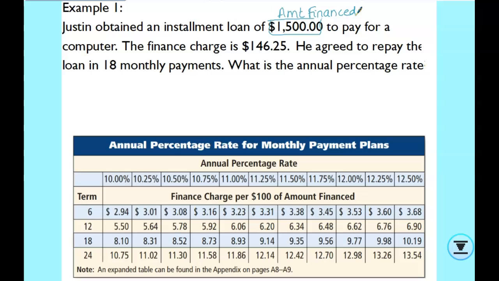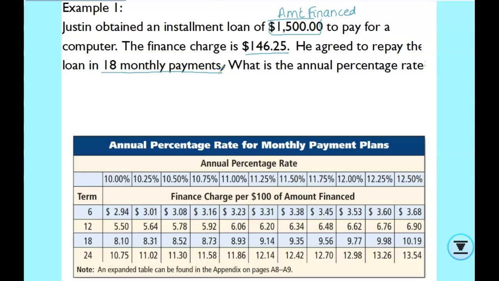The finance charge is $146.25. So again, this piece of information is important. He agreed to repay the loan in 18 monthly payments. Again, important information. And using that information, we want to figure out what the annual percentage rate is.